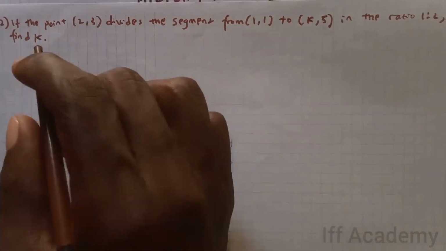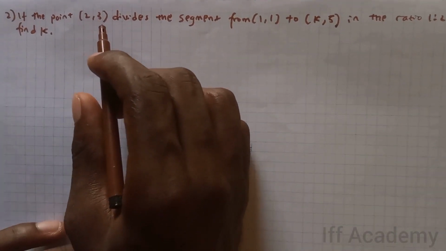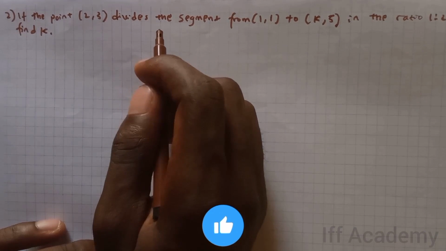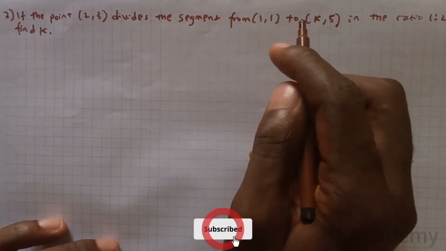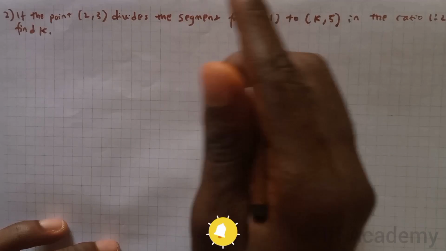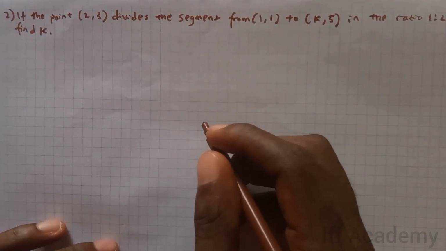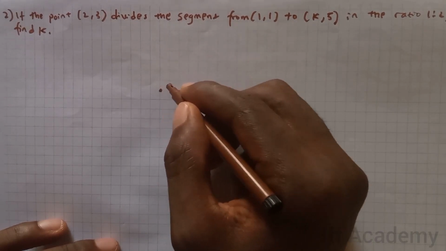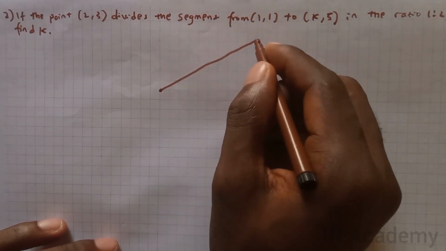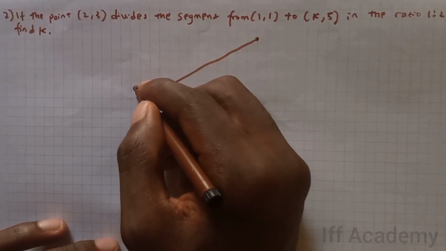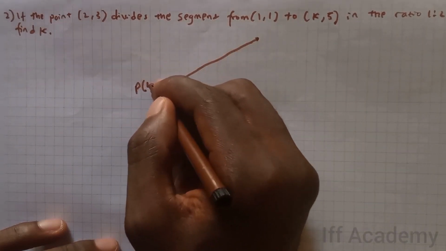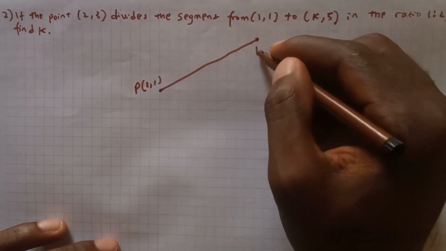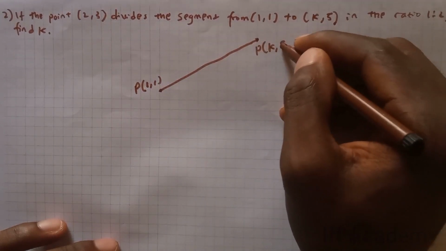Example 2 says, if the point (2, 3) divides the segment from (1, 1) to (k, 5) in the ratio 1:2, find k. So if I draw this out, assuming this is the line, and here is going to be P(1, 1), and here is going to be P(k, 5).